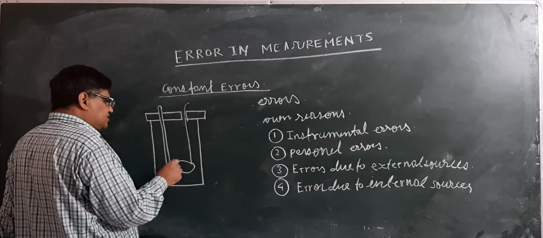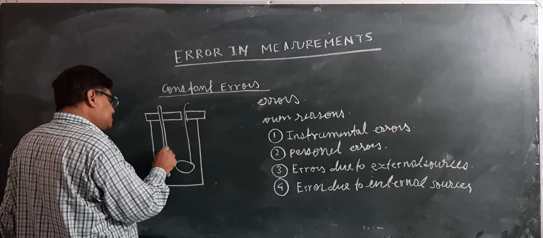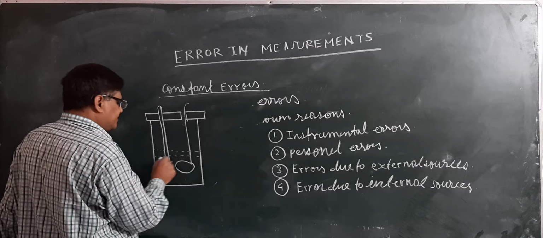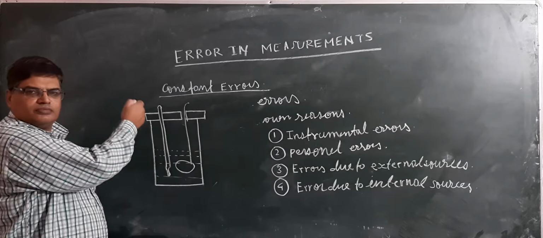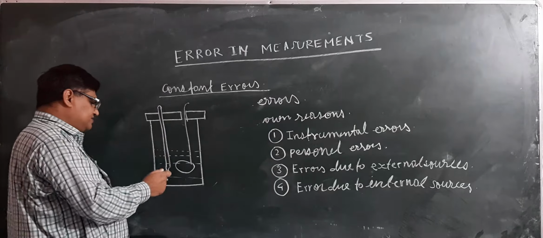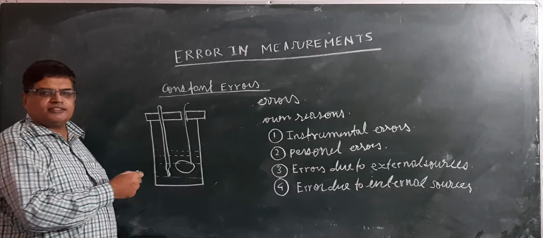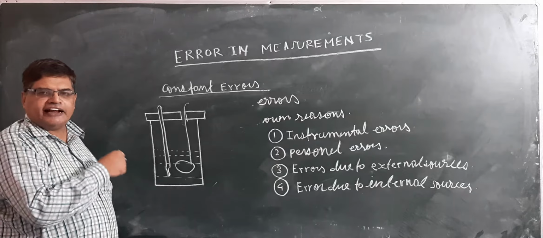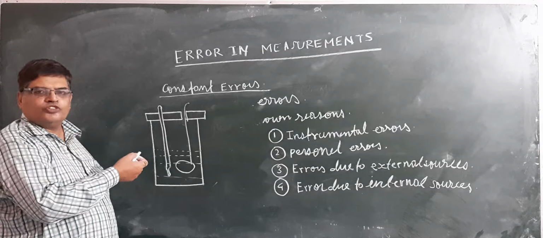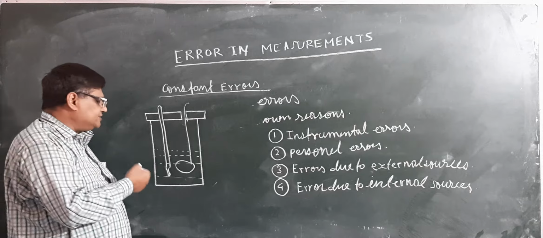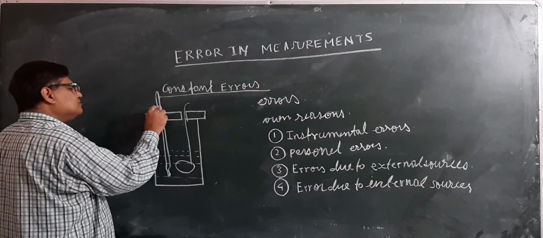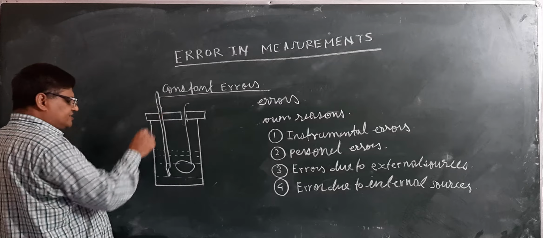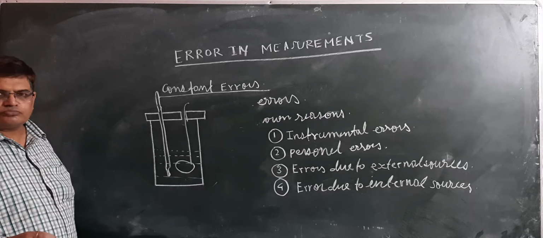The purpose of the stirrer is to mix the liquid inside. When you move it up and down like this, the liquid will get mixed, and the temperature of the liquid and the mixture will become uniform, or constant, and this temperature can be measured using this thermometer.